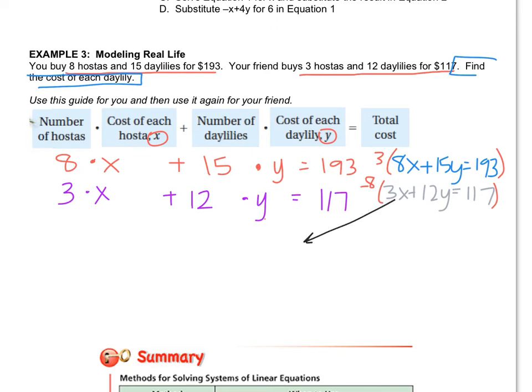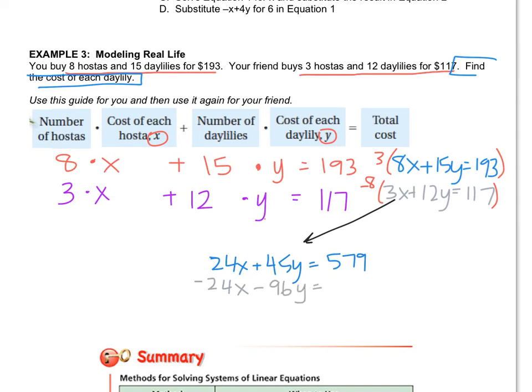The top equation is going to be 24x plus 45y equals, I don't know what that is, so I need to multiply 193 times 3. That is 579. And then the bottom equation is going to be negative 24x. 8 times 12 is 96, so that's minus 96y because it was negative.